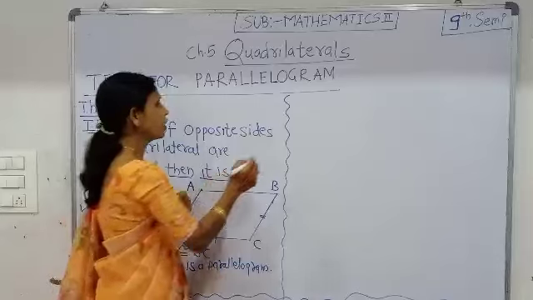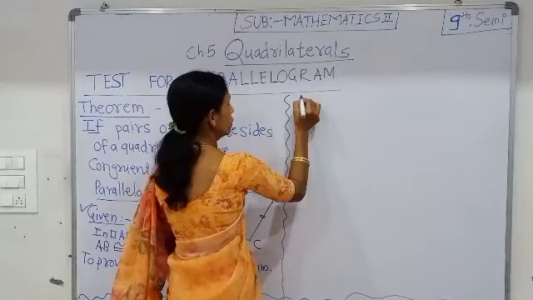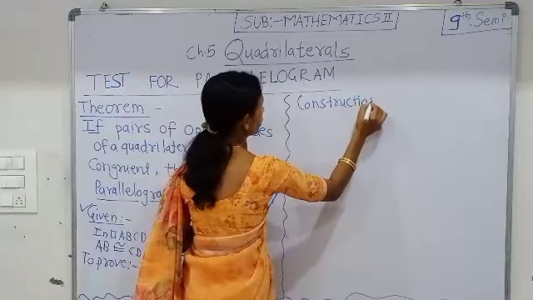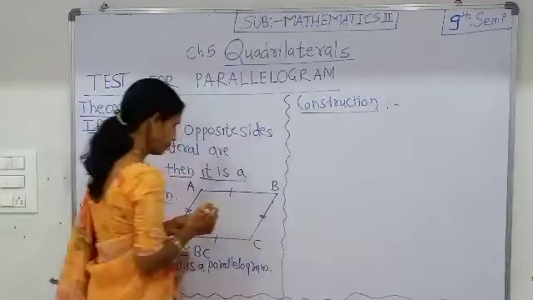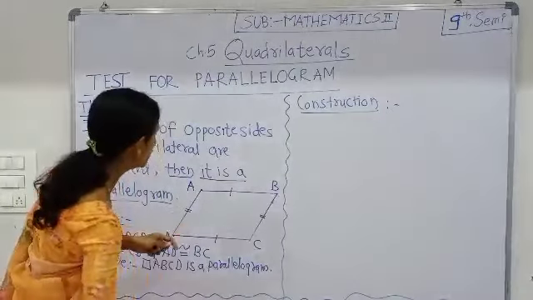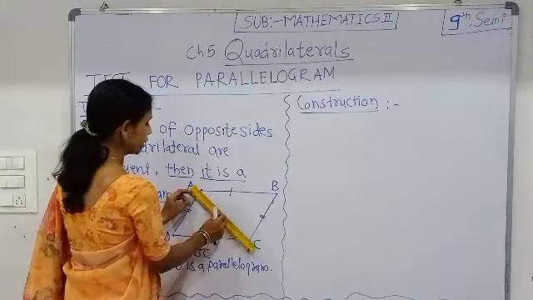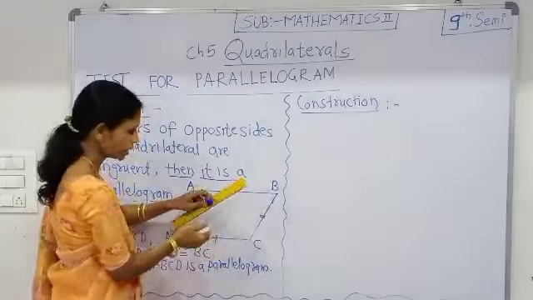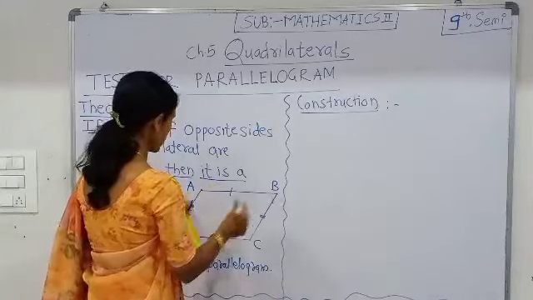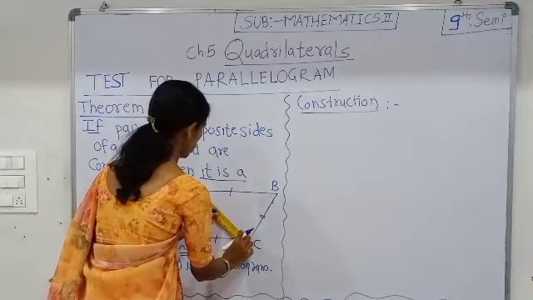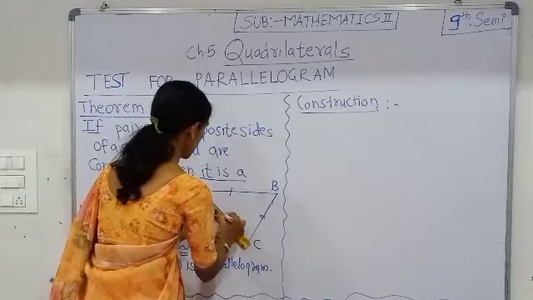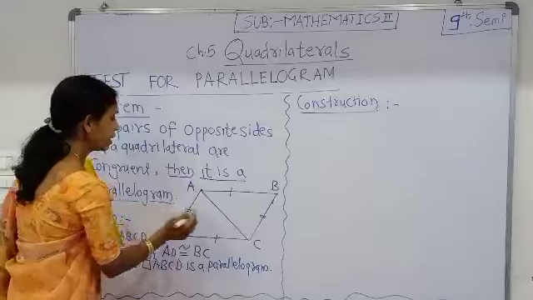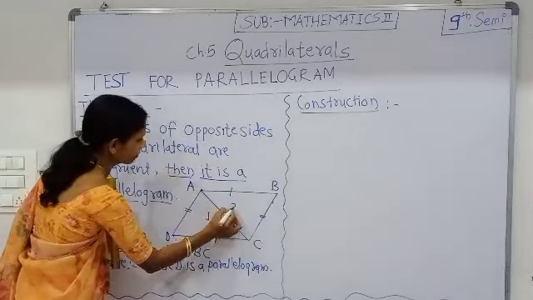Therefore, first of all, we have to do some construction to prove this property. See here, we have to draw any one diagonal, AC or BD. Therefore, see here, if we draw the diagonal AC, then because of that diagonal, two triangles are formed.